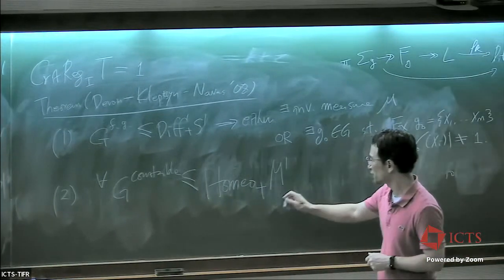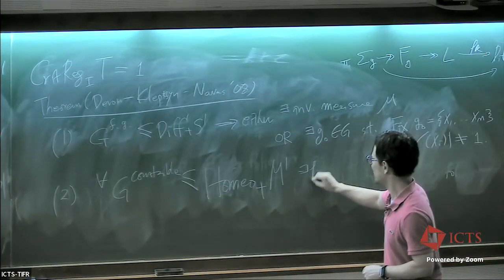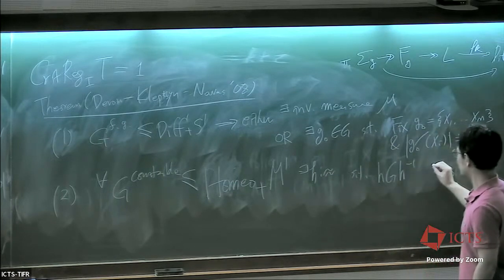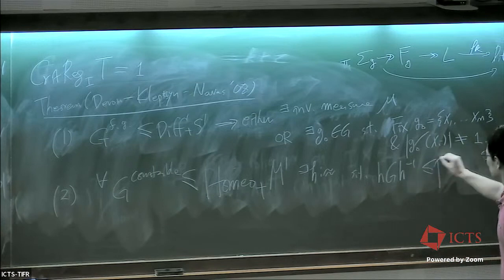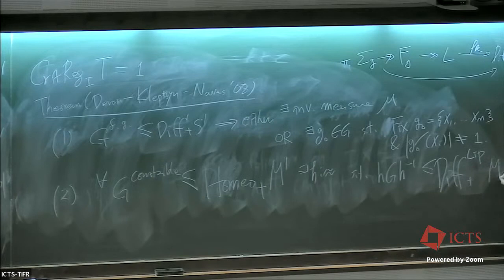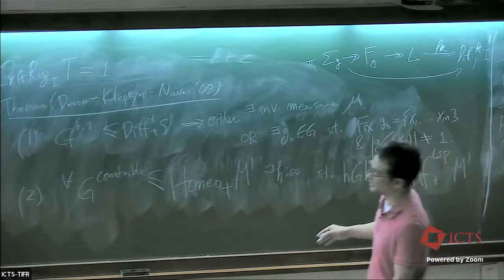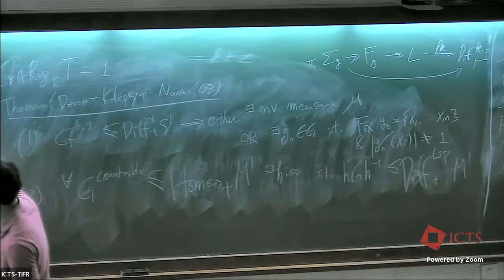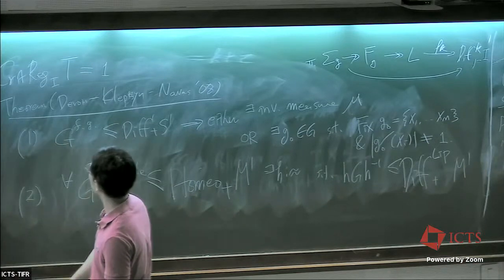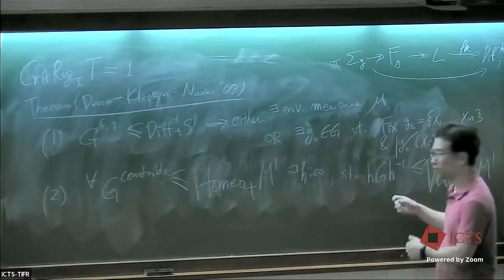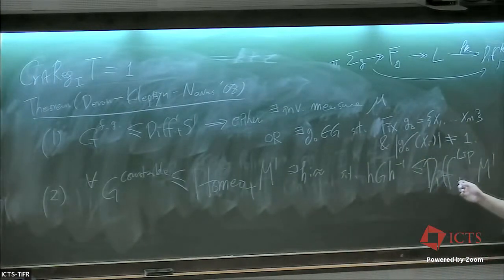So for every countable group, there is some homeomorphism h of M such that it conjugates into the bi-Lipschitz homeomorphism group. So I'll just call it Lipschitz; the collection of all bi-Lipschitz homeomorphisms of M is written as Diff^Lip. So this shows that if you already know that T is orderable, embeds into Homeo of the real line, then critical regularity is 1, because you can achieve regularity 0.9 or 0.99 or 0.999.